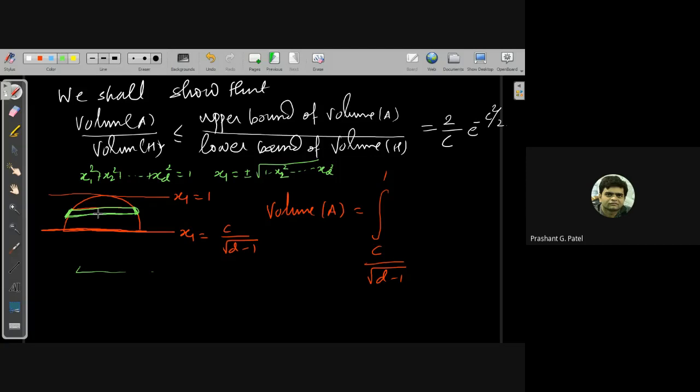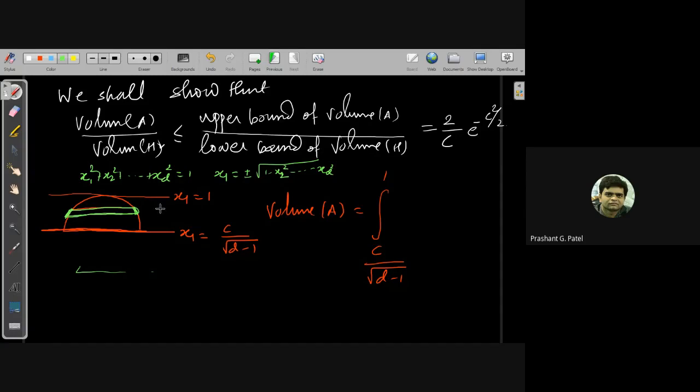For example, if you assume the sphere in 3 dimensions, and if you cut that sphere with a plane, then you will have a circle, which is a 2-dimensional object. So here, in d dimensions we have the sphere, and we cut by this plane, then it will be a d minus 1 dimensional circle, or I can say in d minus 1 dimension, it is a unit disk.